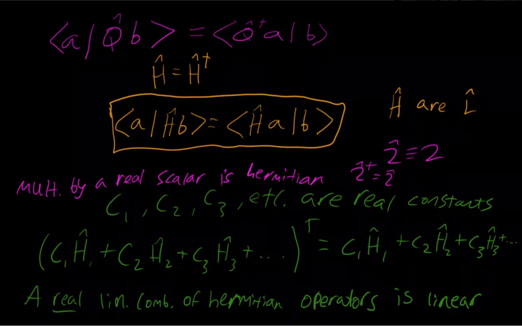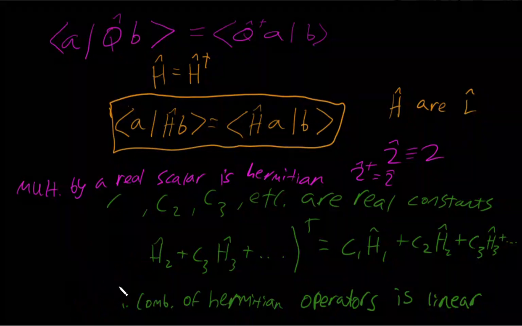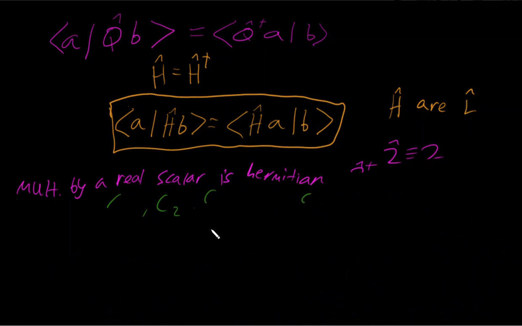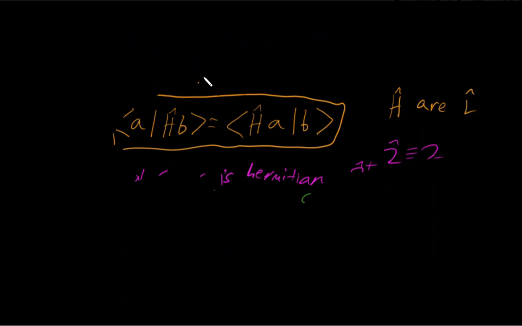I'm going to erase this, and we're going to get to our last part about Hermitian operators. And the last thing is I want to give three properties of Hermitian operators that are incredibly important. And so the first thing I want to state here, and this is not a property, but just a postulate.